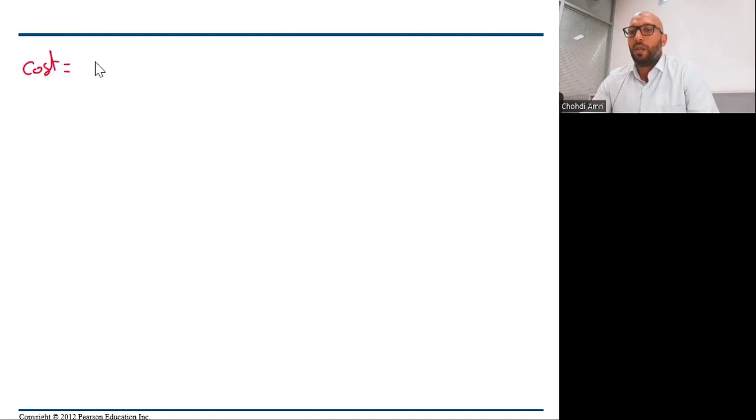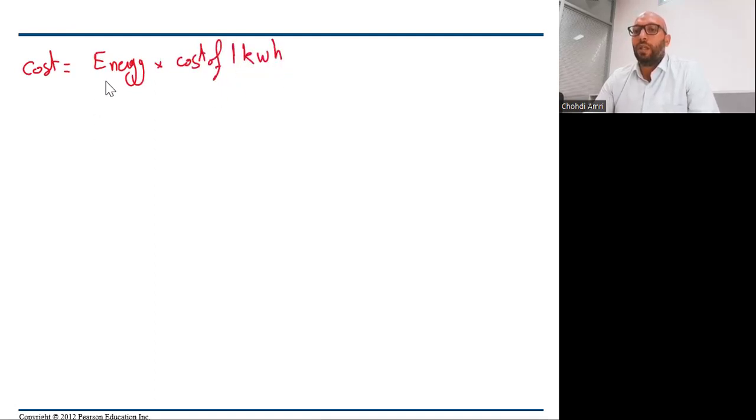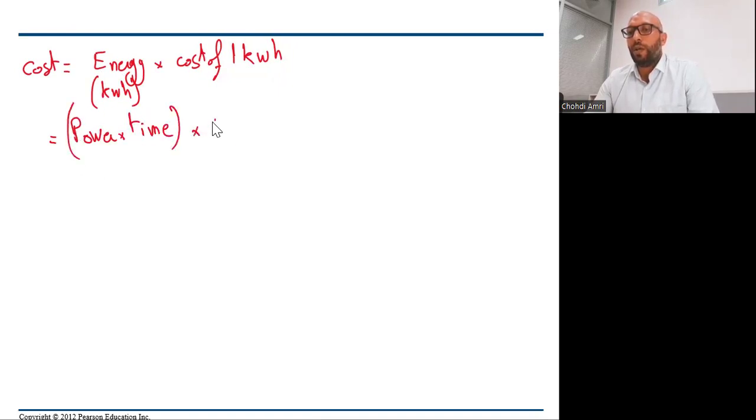The cost of cooking is the energy multiplied by the cost of 1 kilowatt hour, so the energy must be expressed in kilowatt hour. The energy is power multiplied by time. The time must be in hour, the power must be in kilowatt.